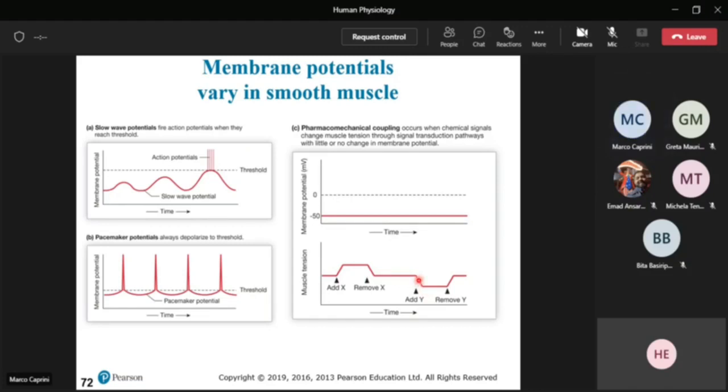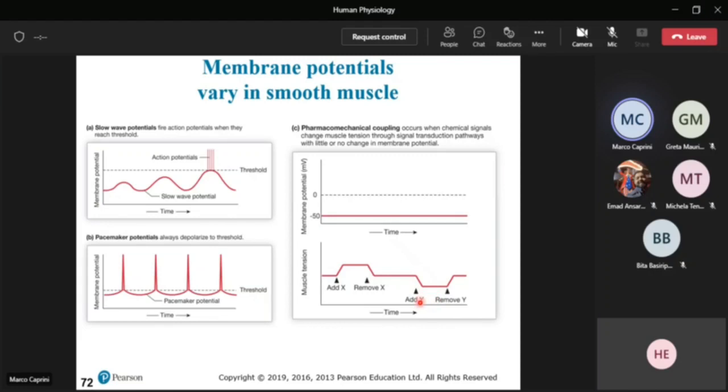For example, dephosphorylation. Exactly. We will see the activity of some molecules that can increase the activity of the MLCP. So the muscle tension decreases.